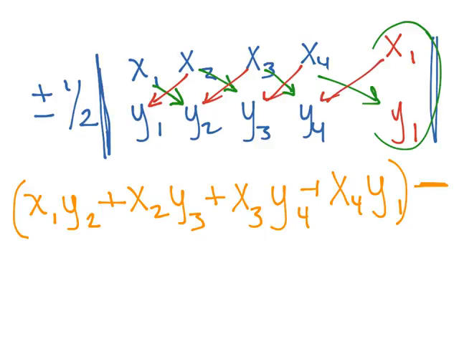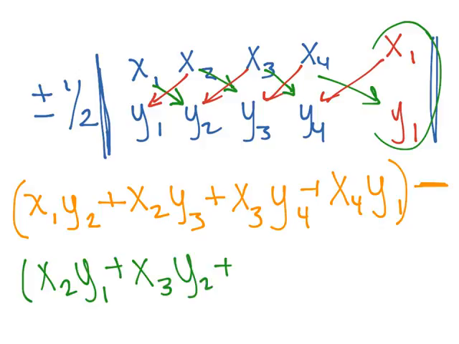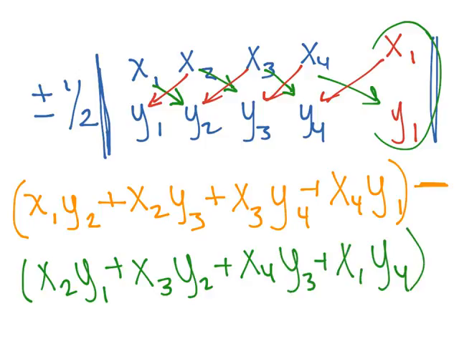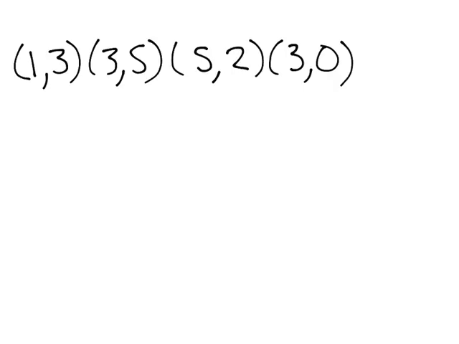So you will subtract x2 times y1 plus x3 times y2 plus x4 times y3 plus x1 times y4. And this is our formula. We will see a very quick example right now. Let's say we want to find the area of the polygon with these vertices right here.